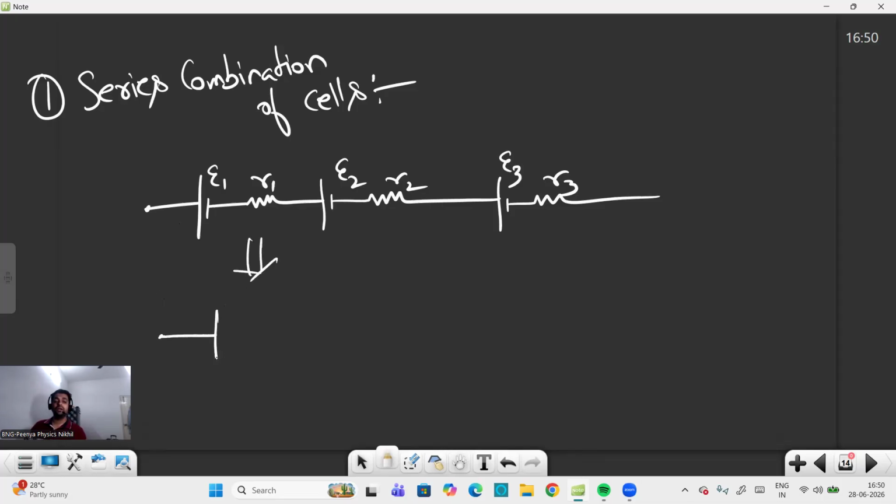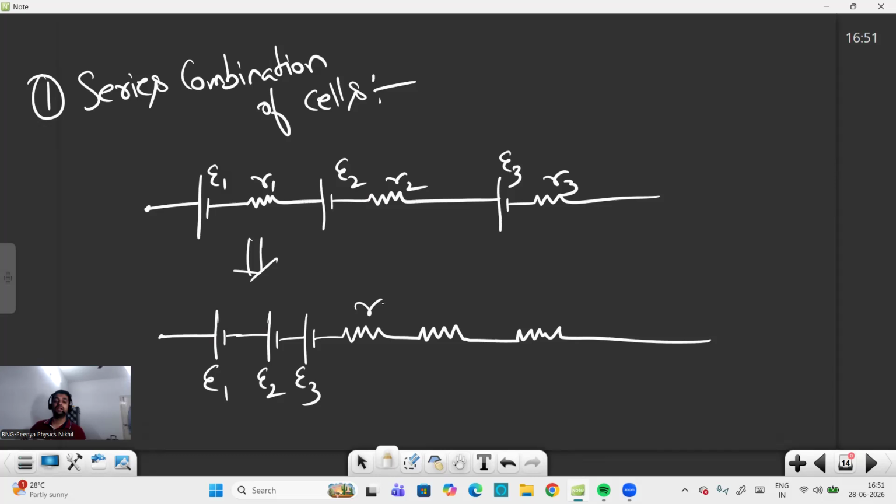We can write all the EMFs without changing their polarity like this: E1, E2, E3, and their internal resistances R1, R2, R3 all together. As I discussed, we can manipulate the branch.